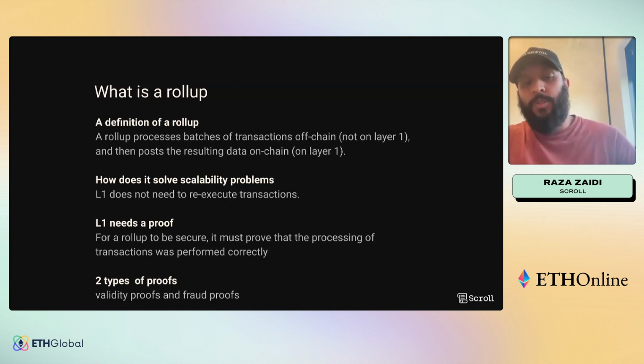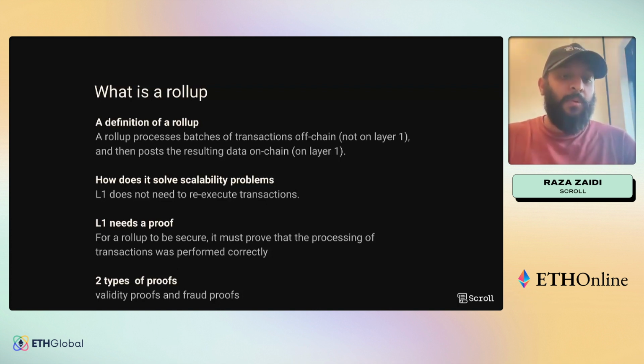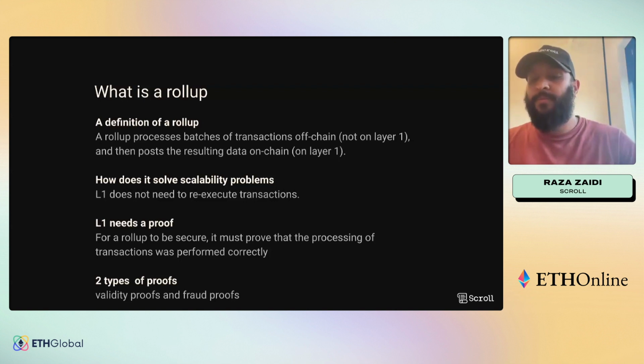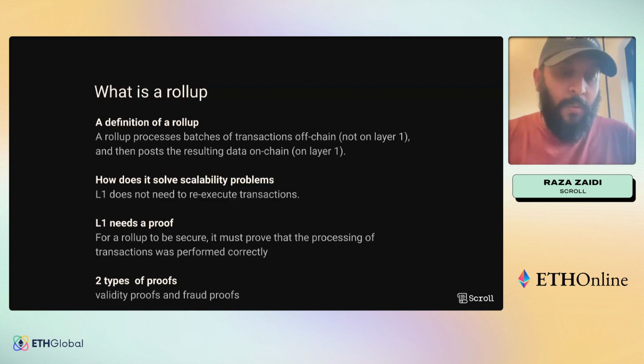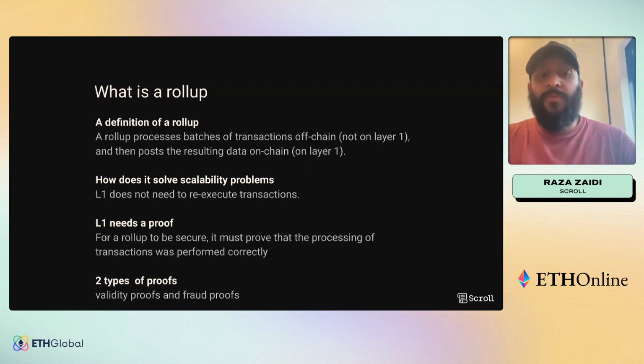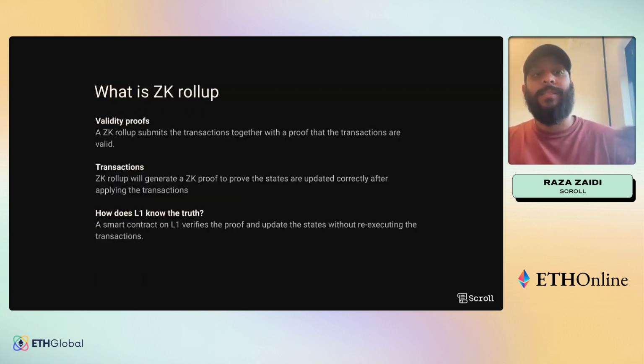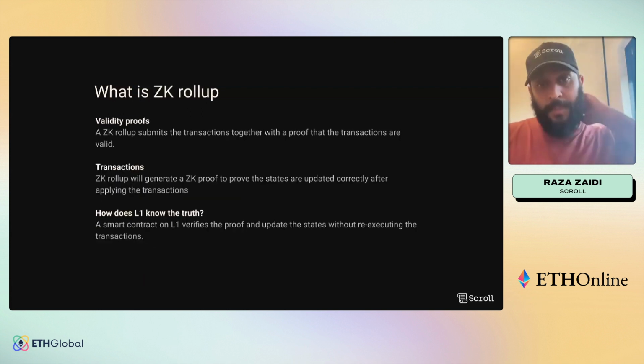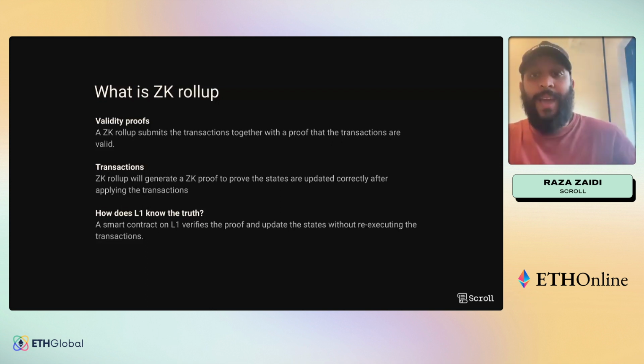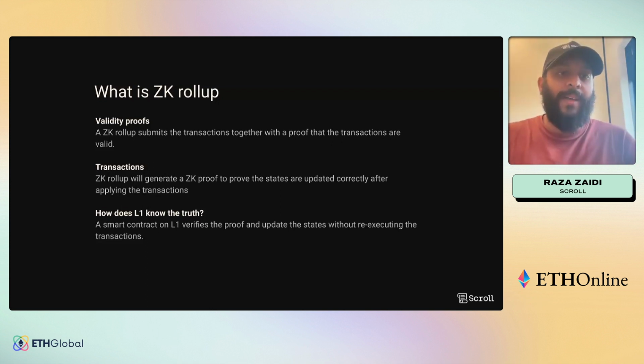And typically there are 2 types of proofs, validity proofs, which we will talk about, and fraud proofs. If you're familiar with optimistic rollups, they utilize fraud proofs and they work slightly differently, but we won't talk about optimistic rollups in this talk, as the time is obviously limited. So validity proofs are utilized in a ZK rollup. A ZK rollup submits transactions together with a ZK proof that the transactions are valid.